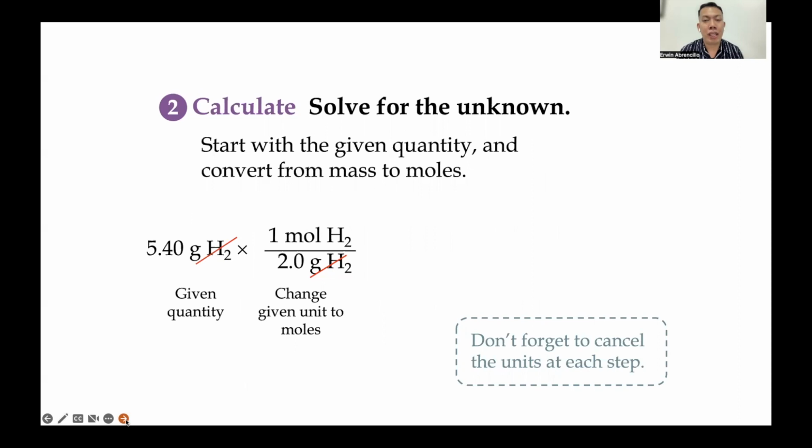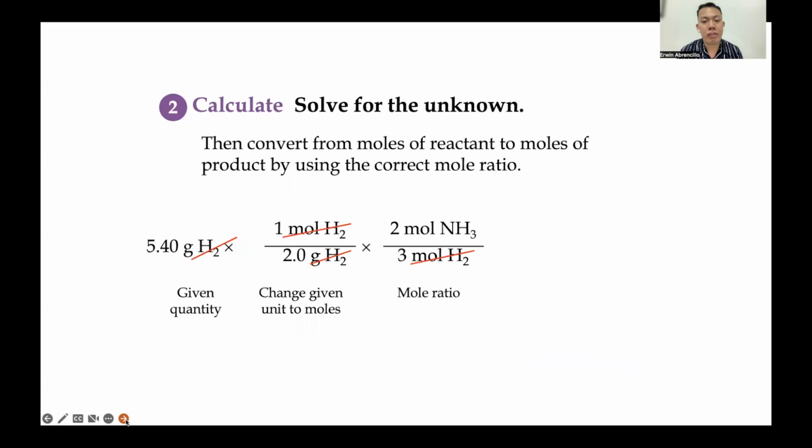So then you have to write the mole ratio. So this is 1 mole of H2 to 2 grams of H2. This one is the molar mass. And then you have the mole ratio, the next one. So 2 is to 3.